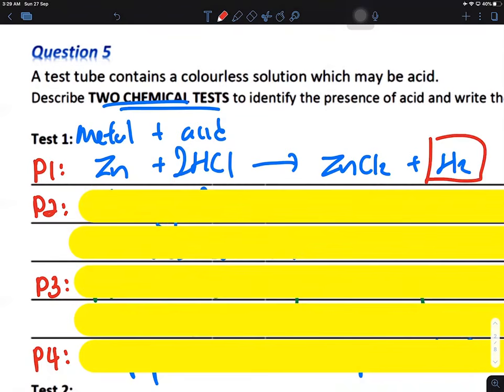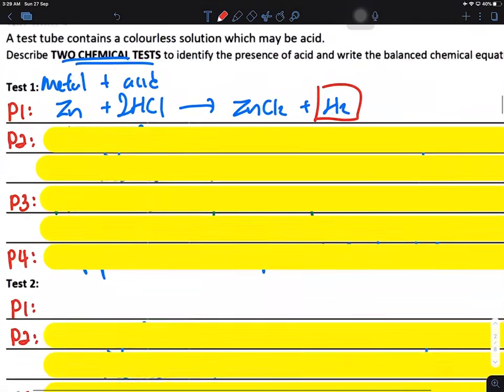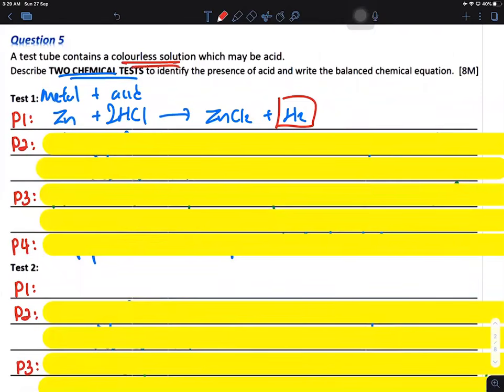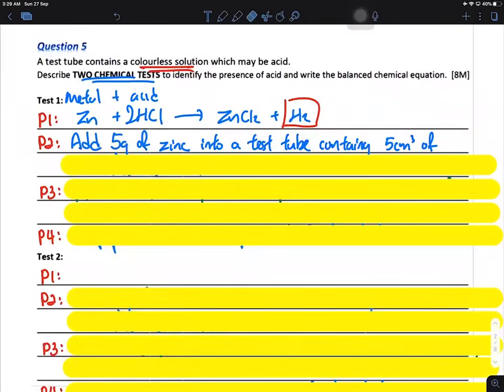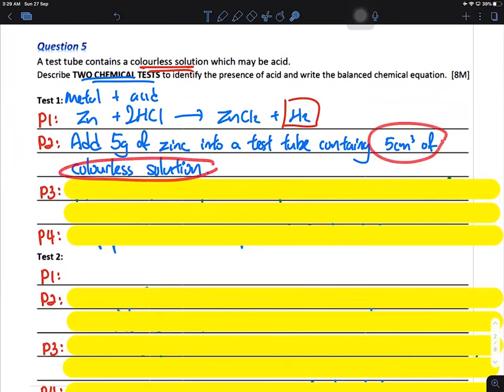Okay, so here, how do I know that a colorless solution is acid or not? So this is what you do. First, you add 5 grams of reactive metal, zinc, magnesium, or aluminium, it can also be calcium, into a test tube containing 5 cm cube of the colorless solution.